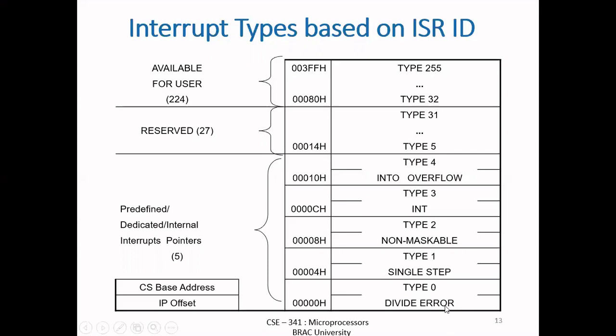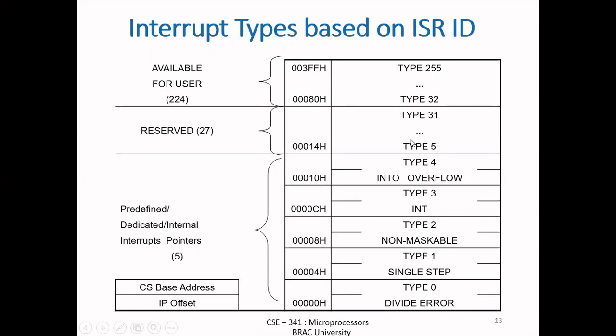The lowest 5 types of interrupt, type 0 to type 4, are dedicated to specific interrupts: type 0 is for divide by 0 interrupt, type 1 is for single step interrupt, type 2 is the non-maskable interrupt, type 3 is the breakpoint interrupt, and type 4 is the overflow interrupt. In my next video, I'm going to explain the operations of these interrupts in detail.